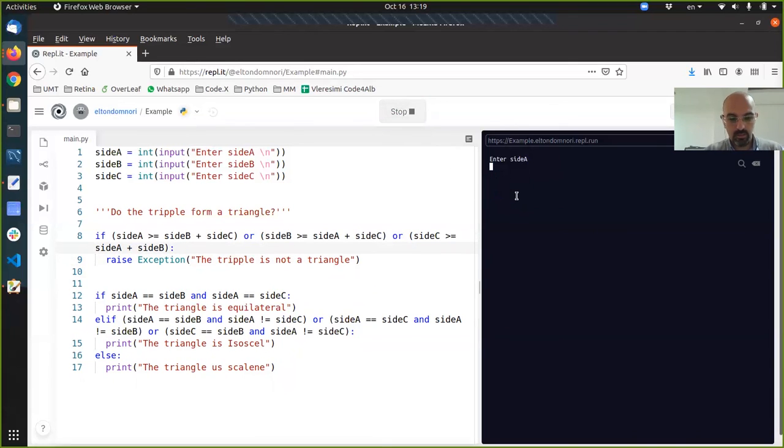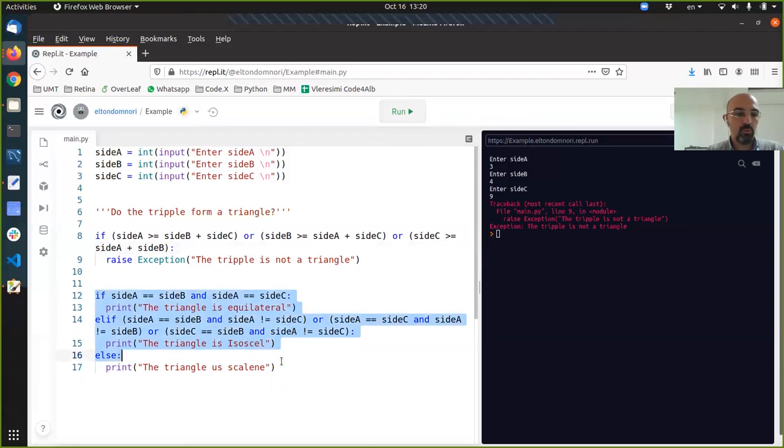So in case, let's say, 3, 5, and 9, I will have an exception raised saying that this triple is not a triangle, and even though I don't have an else condition, it will not execute whatever comes next in the line of instructions. It makes no sense to continue further evaluation considering that this triple doesn't represent a triangle at all.